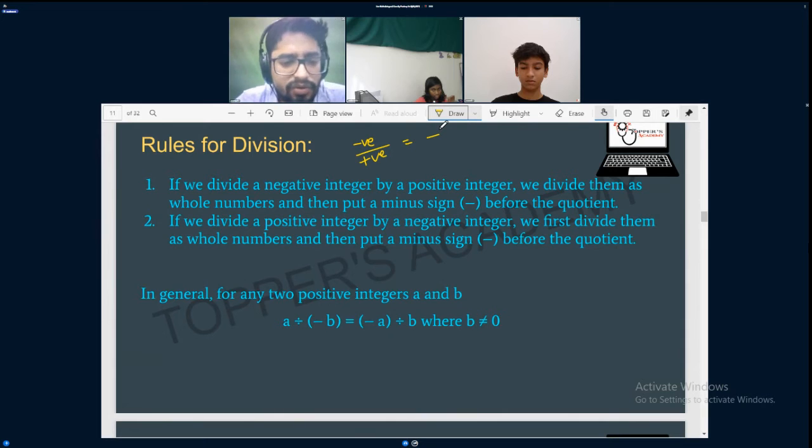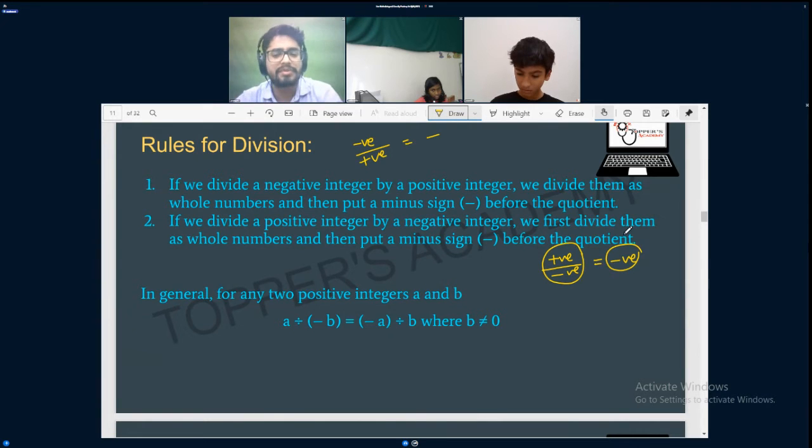Similarly, the second rule says if you divide a positive integer by a negative integer, then the answer must be negative. Divide them as whole numbers and then put a minus sign in front. Yes or no? Yes.